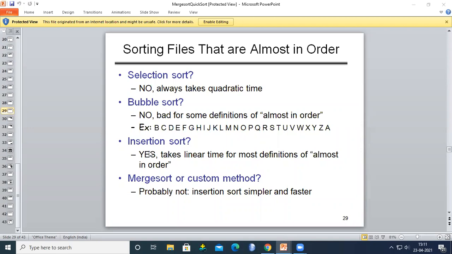Insertion sort is suitable for this problem; it takes linear time for most definitions of almost in order. If the file is in order, insertion sort will be better since it takes linear time. Merge sort, probably not; insertion sort is simpler and faster.